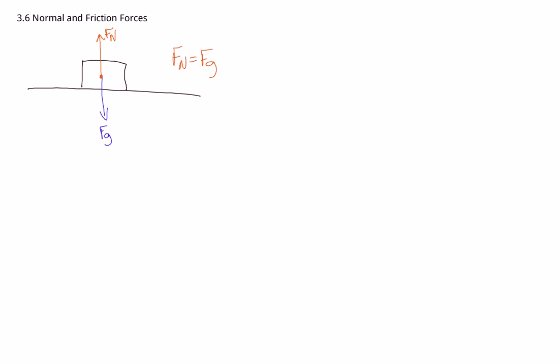Okay, so let's look at a different scenario where we have our box sitting on the ground. That part's still the same. We would still have gravity going downwards. But now let's suppose we push down on the box. So we're going to have an applied force also going downwards.